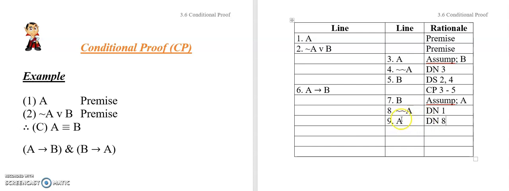And now I've got my A below here, and having found what I was looking for, I can discharge my assumption. Here what I end up getting is the first thing I assumed, arrow, the last thing I got, which in this case was A, and that's going to be CP on 7 through 9, okay?